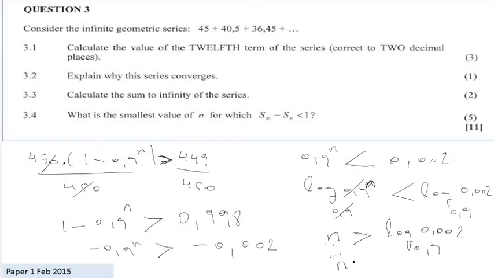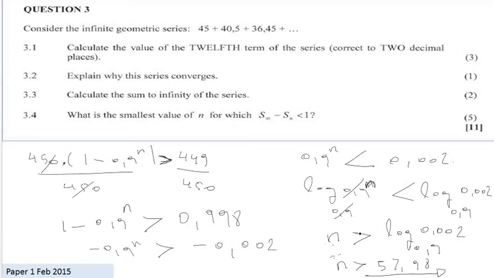So n will be greater than. If we compute this expression here, we're going to have 57.98. So that's the value of n.